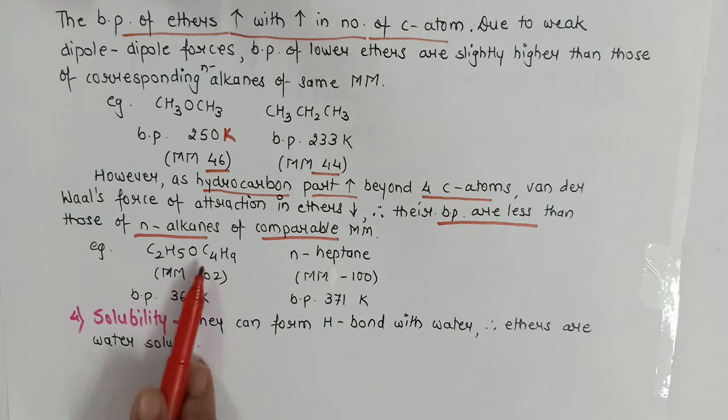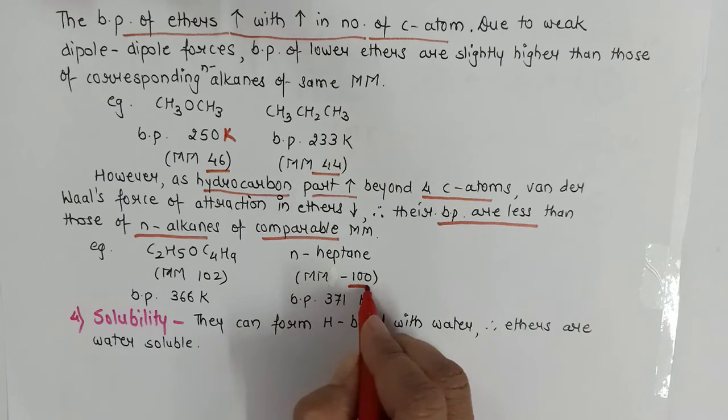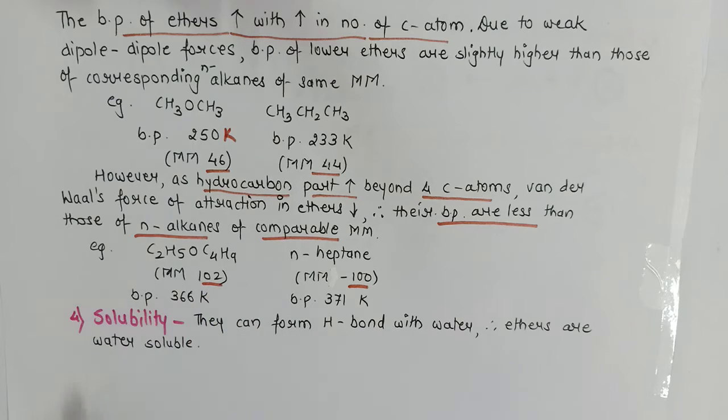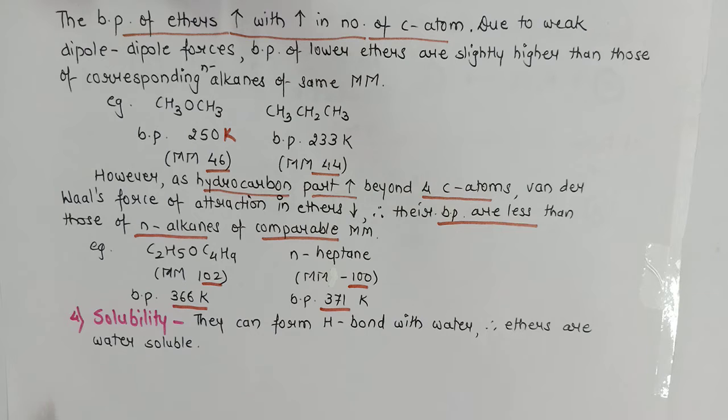For example, C2H5OC4H9, whose molecular mass is 102. I am comparing it with N-heptane with same molecular mass 100. But there is a difference. Boiling point of ether is 366 Kelvin, and that of N-heptane is quite higher, 371 Kelvin.